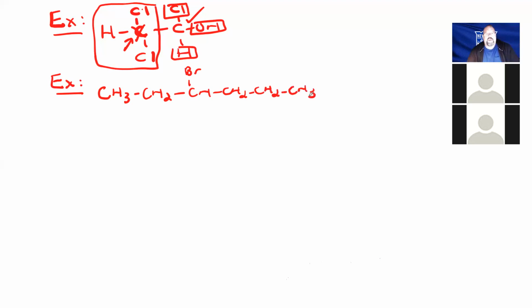Okay. So a couple of hints, a couple of shortcuts in terms of finding chiral carbons. CH3 carbons and CH2 carbons can never be chiral. Think about why that is.